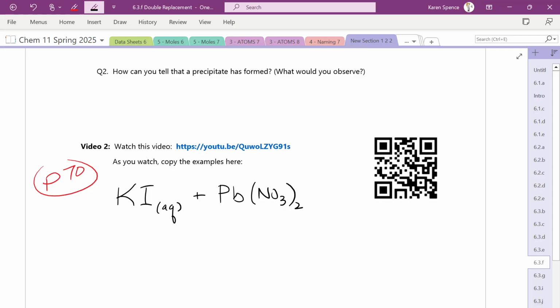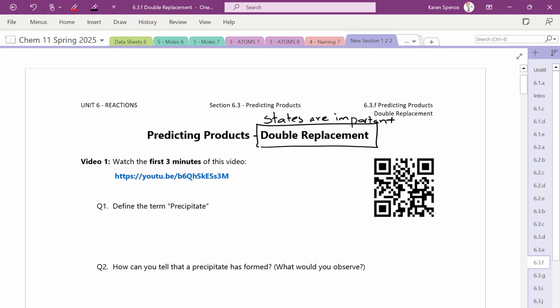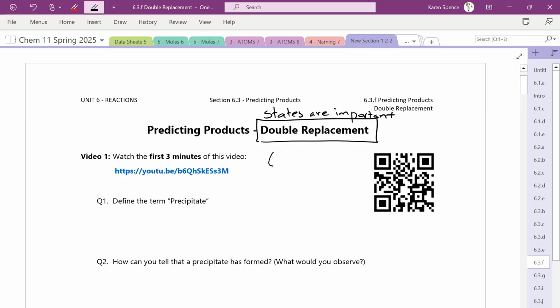In order to melt a salt, you have to heat it to about 900 degrees Celsius. Have I heated anything to 900 degrees Celsius here? No. So this must be aqueous. So this is also aqueous. So our double replacement reactions, the states are always important, and it's always going to be aqueous plus aqueous. Those are your reactants.